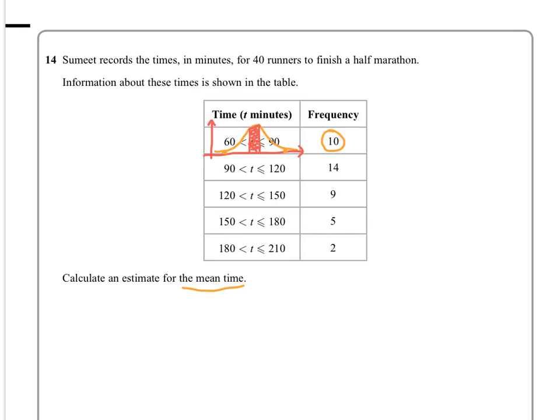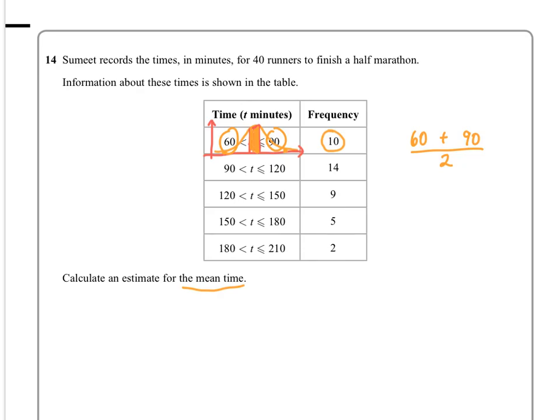So we would assume now, using the idea of central tendency, i.e. things gather around the middle, that if we had 90 here and 60 here, and you've got your calculator, there's really nothing to worry about, we can find the halfway point by adding the two endpoints together and halving.